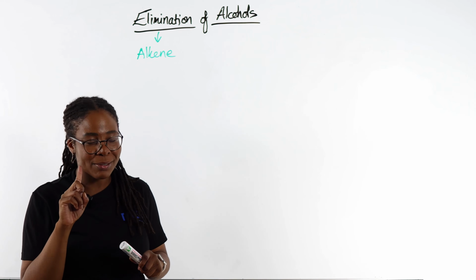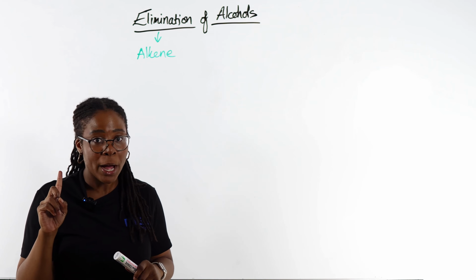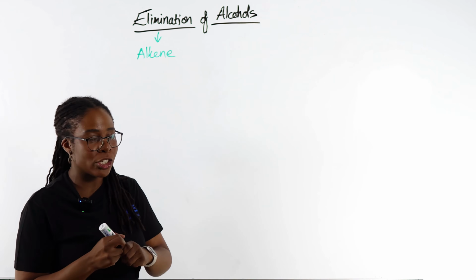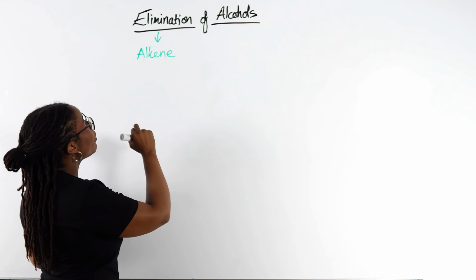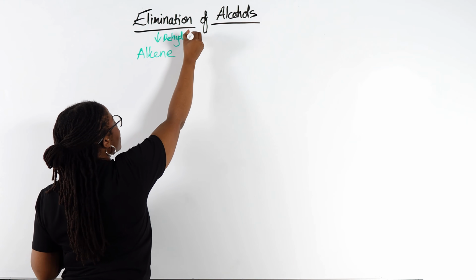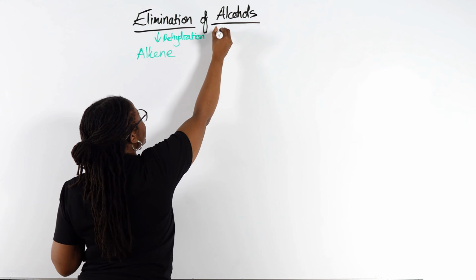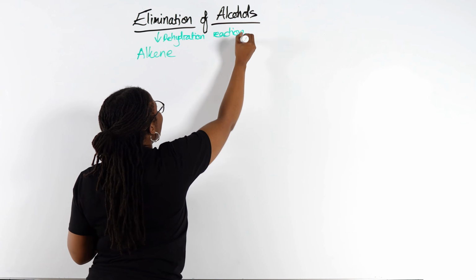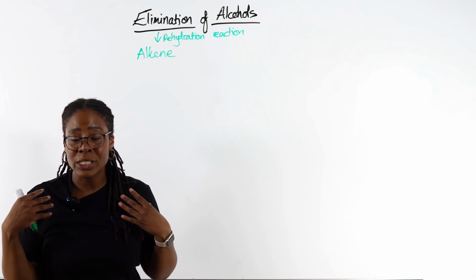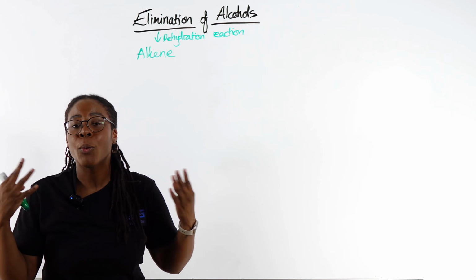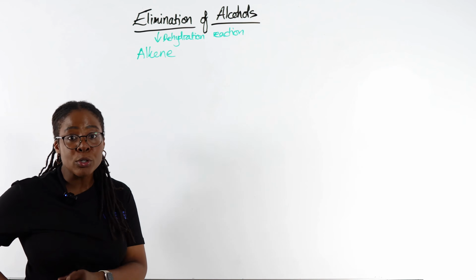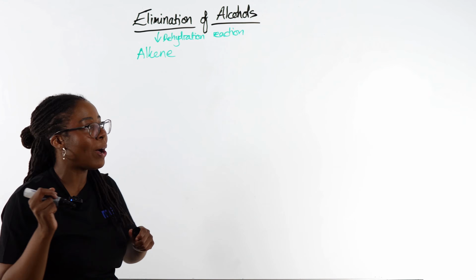The name of the mechanism is elimination, but the name of the reaction is often called a dehydration reaction. Dehydration reaction, but elimination mechanism. The reason it's called dehydration: if you're dehydrated, you don't have enough what? Water. So we dehydrate an alcohol by removing the water, which is what produces our alkene.